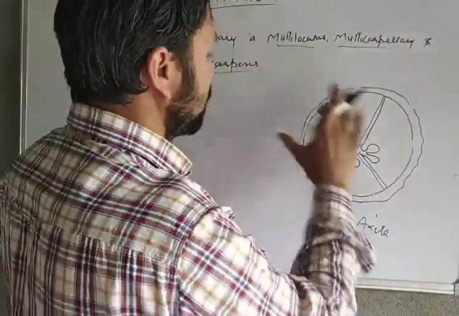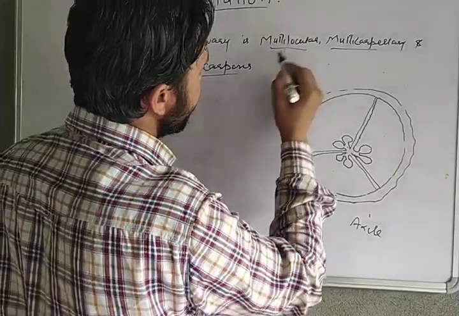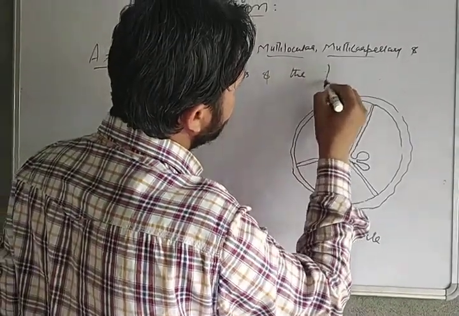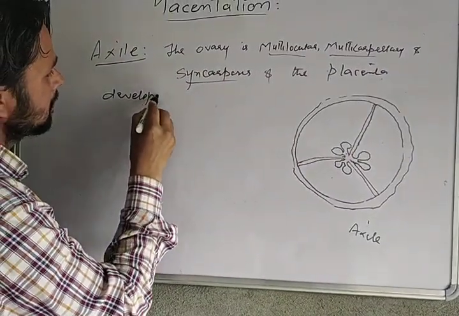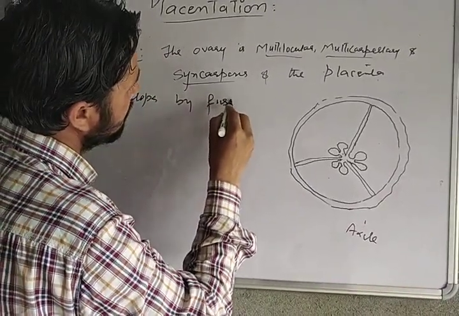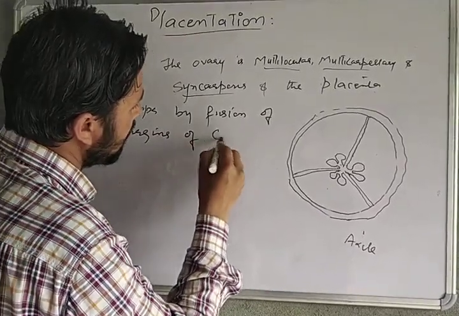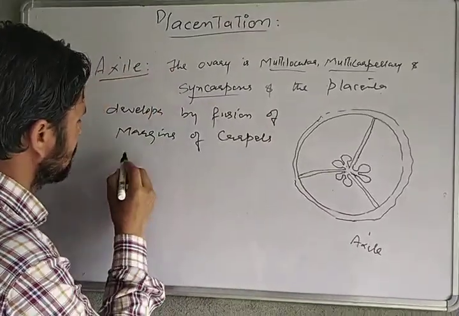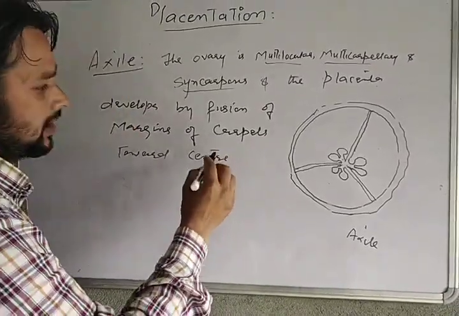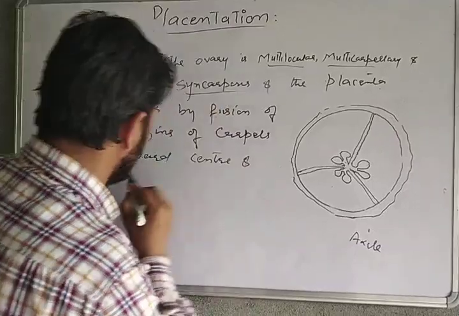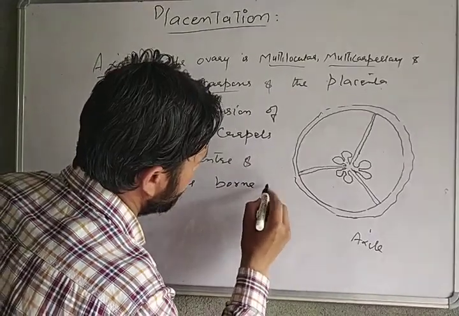So if we write, we can say the ovary is multilocular, multicarpellary and syncarpous, and the placenta develops by fusion of margins of carpels towards the center, and the ovules are borne at the center.